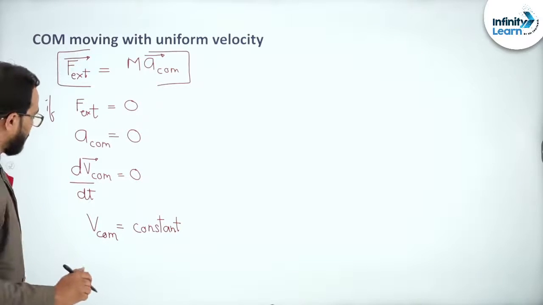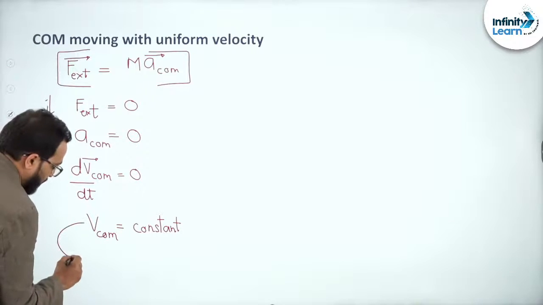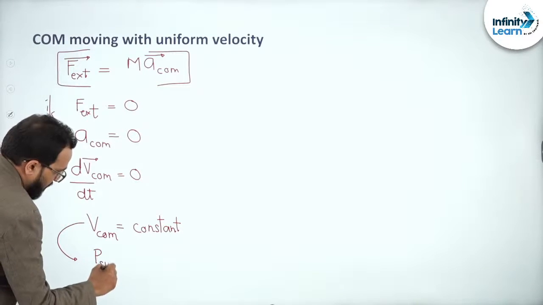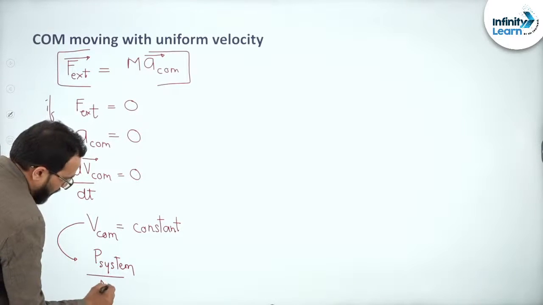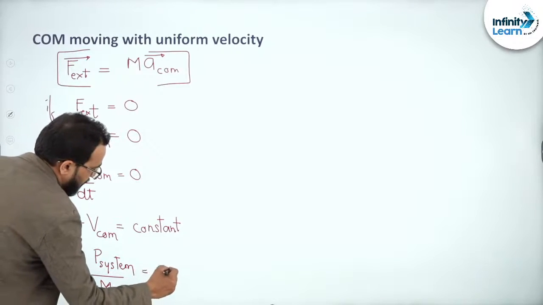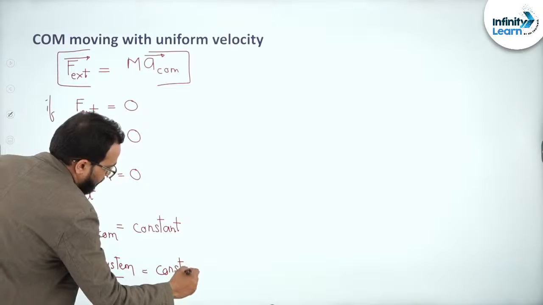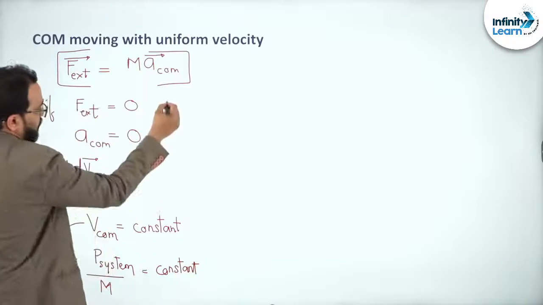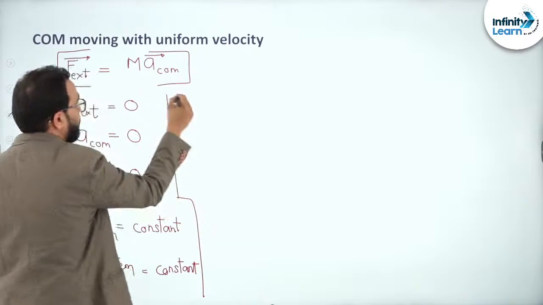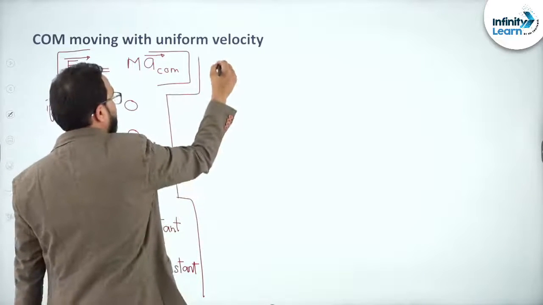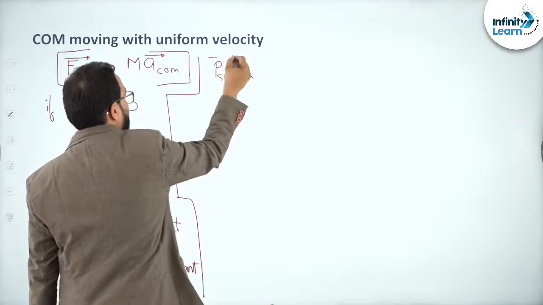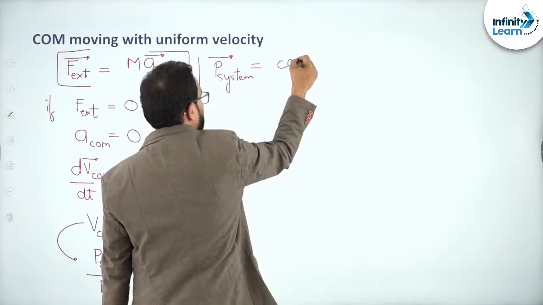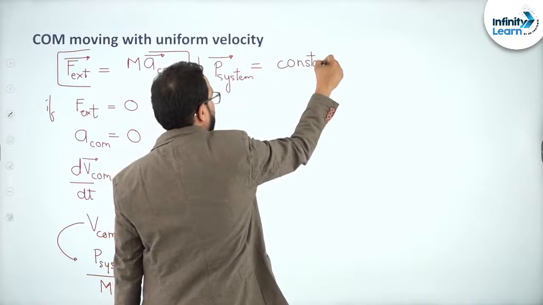And what is this? This is the momentum of the system upon total mass. This is going to remain constant. So finally, we can say that the momentum of the system will be a constant.